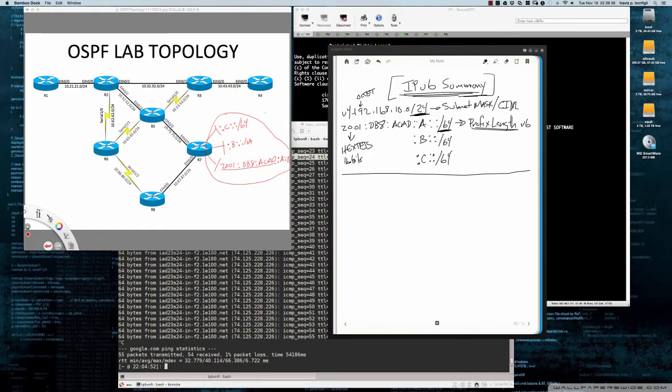So where is our interesting hextet here? We can see that it's going to be the 4th hextet with these IP addresses. This is typically where the subnetting takes place.